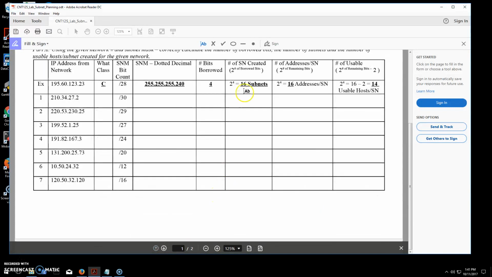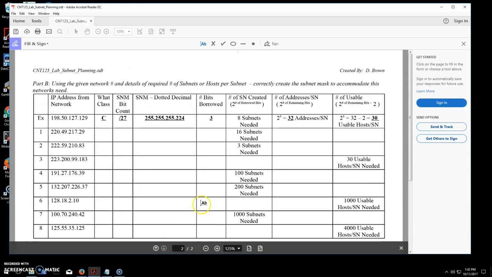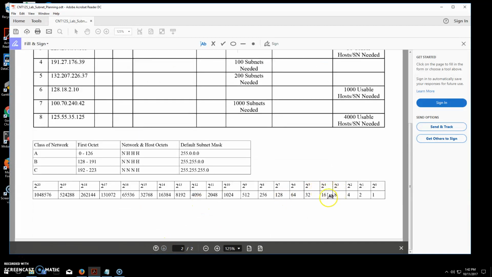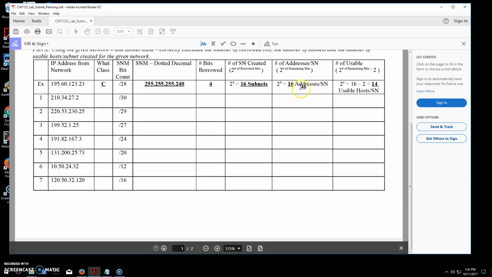Well, how many bits are left for hosts? Taking a look here again, I borrowed 4 bits for subnet. There they are. There's the 4 bits left for host. So if there's 4 bits left for host, again, 2 to the 4 down on this page tells me that there's 16 hosts or addresses per subnet. So here is the 16 addresses per subnet.